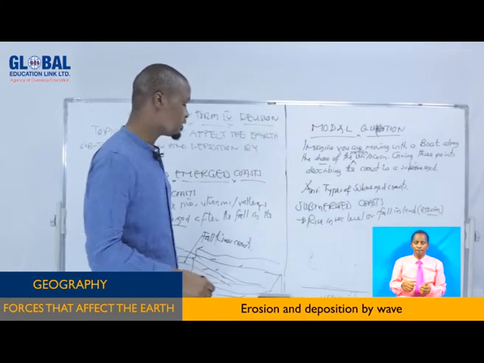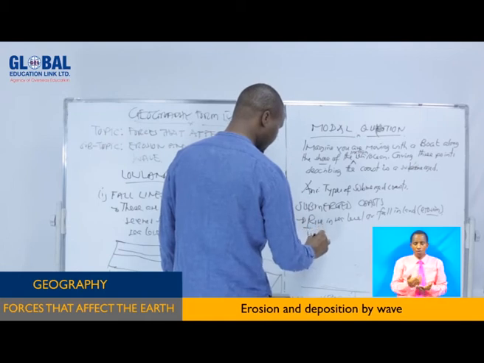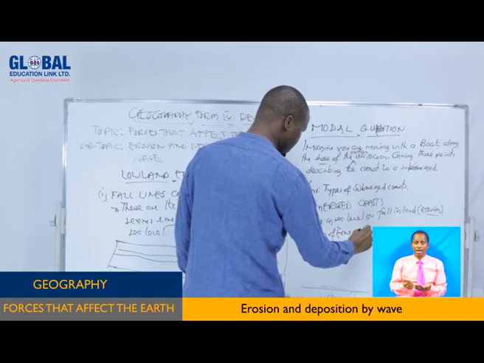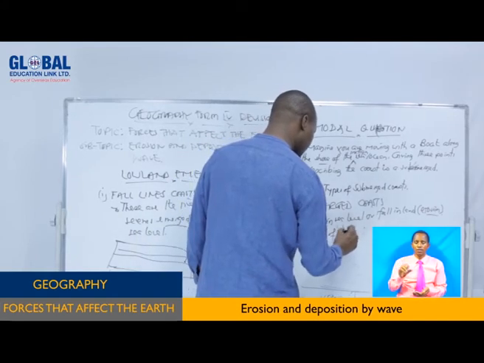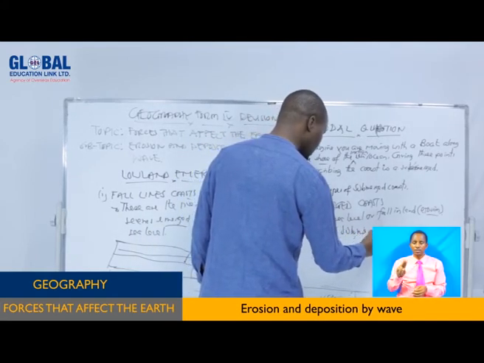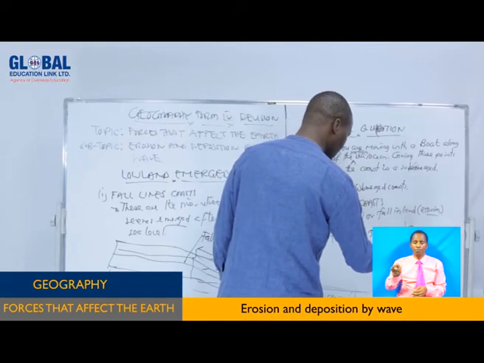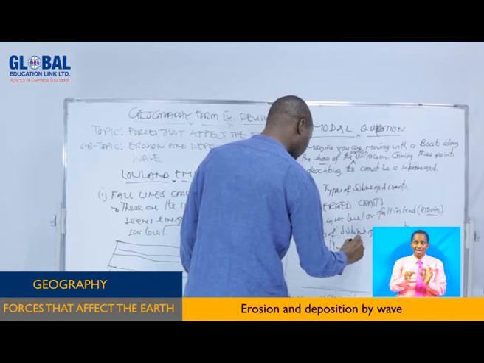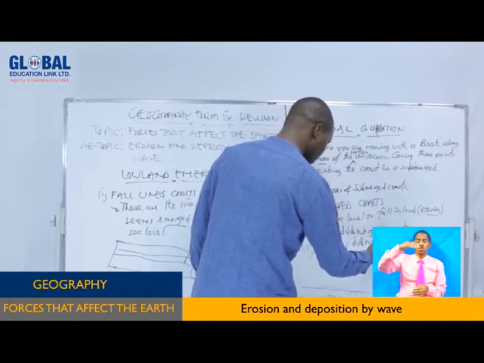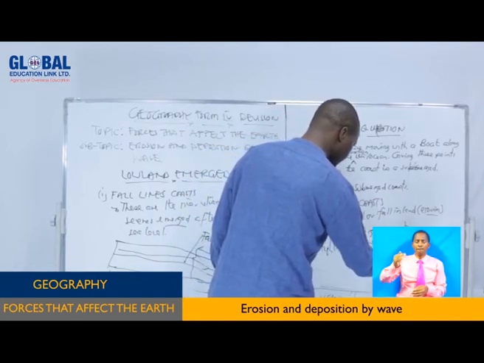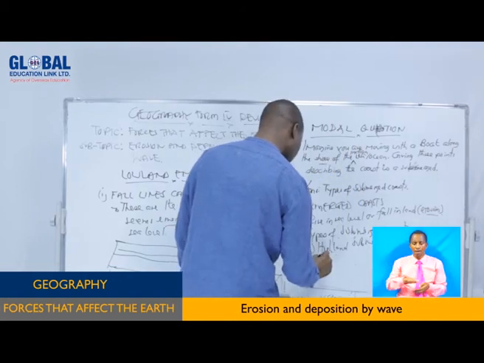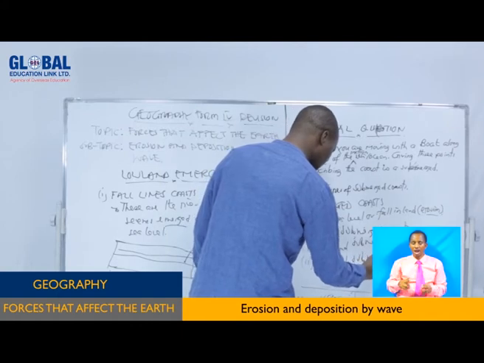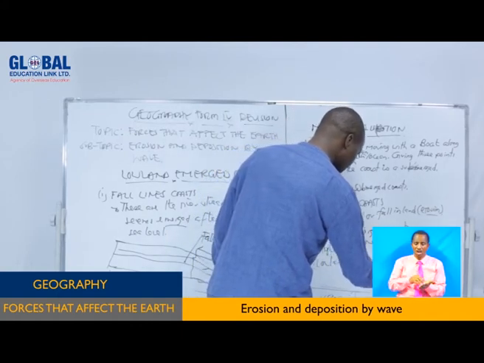So right here the question needs to explain the types of submerged coast. We have two types. We have the highland submerged coast and the lowland submerged coast. Are you with me?